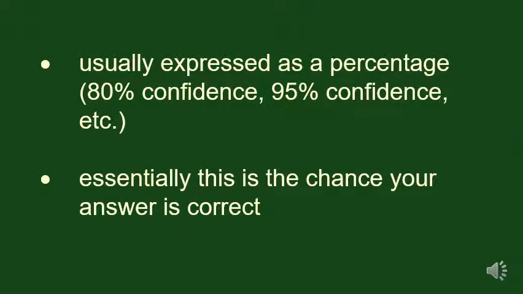We pretty much always express confidence as a percentage. Most often the numbers you're given are either 90, 95, or 99% confident, although in books you may see examples that go as low as 80%, and sometimes in the real world they might even use 99.9. A good way to think about confidence is that it's basically the chance that your prediction is correct.